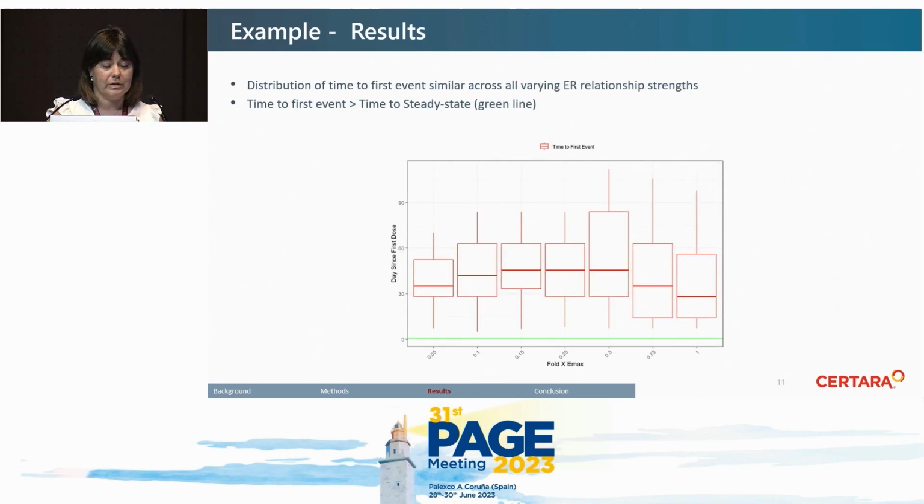The other thing we looked at, of course, was the distribution of the time of the first events for our subjects with an event, and they all had their event at steady state or after steady state, and the distribution was that the events occurred any time from cycle 1 to cycle 4.